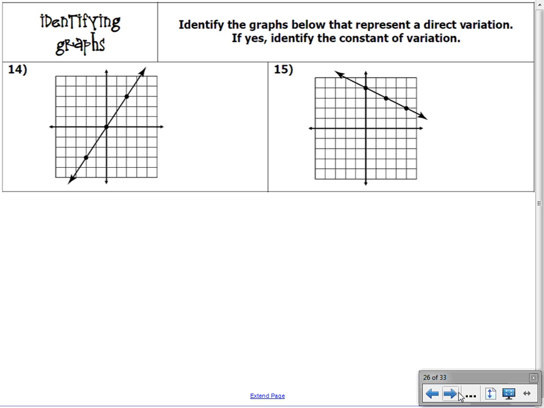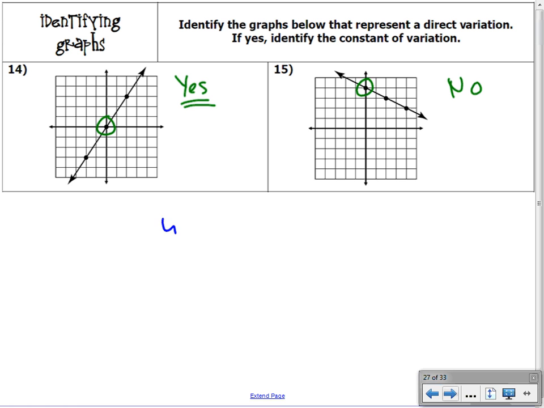Now, let's look at how we can look at a graph and determine if that is a direct variation. It comes down to remembering a direct variation has a y-intercept of 0. So if we have a graph with a y-intercept of 0, we're going to say yes. And if we have one with a y-intercept of something else, no. For the ones that we say yes to, we want to write the equation, and it's really simple.